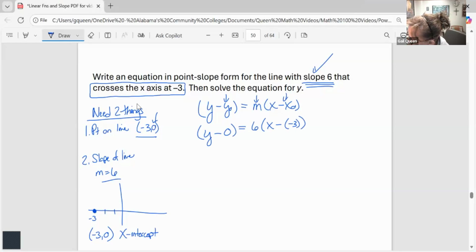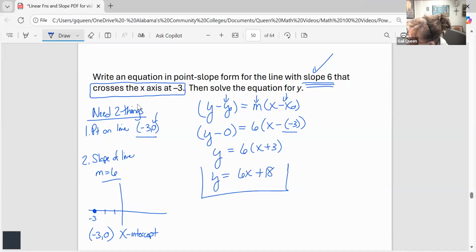Now be careful, the x coordinate is -3, and you're going to have a double negative there. So I have y minus 0. Y minus 0 is just y, equals 6 times x plus 3. So y equals 6x plus 18, done.